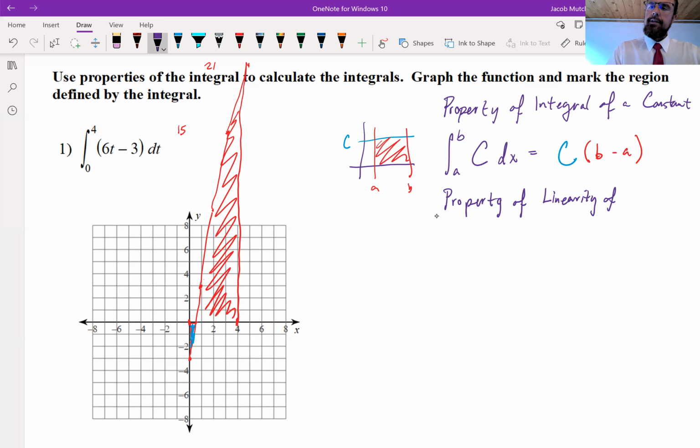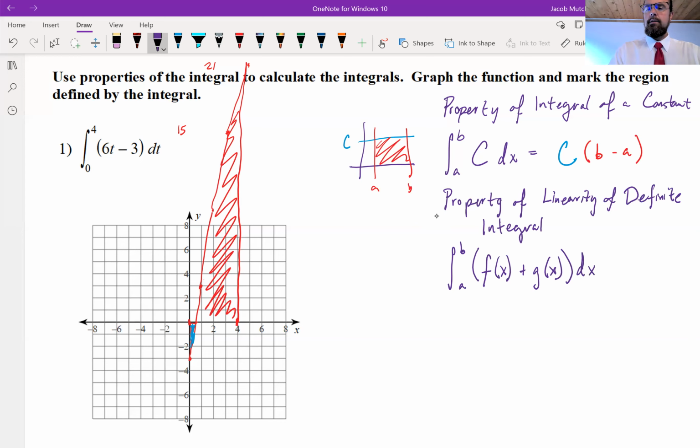That sounds very fancy, but essentially what it's saying is that if I have the integration of potentially two functions added or subtracted, let's set it up: the integration from a to b, and let's call the first function f of x, the second function g of x, presented together as one function dx.